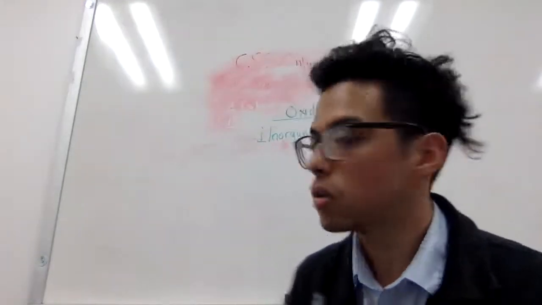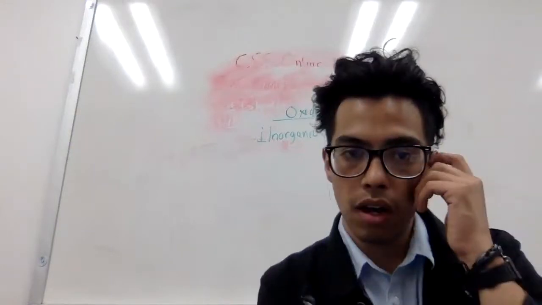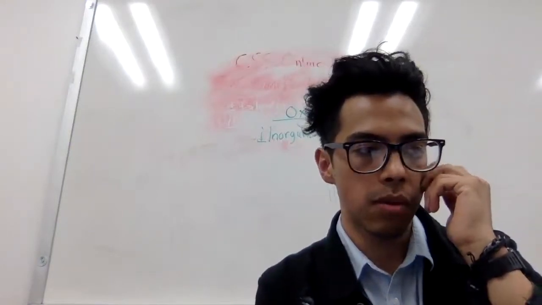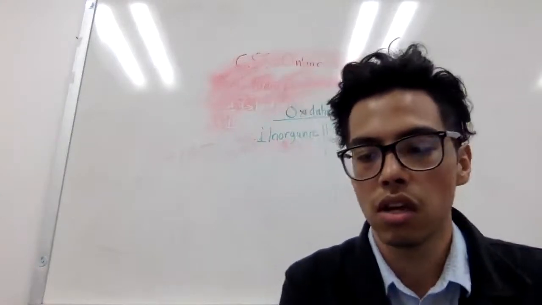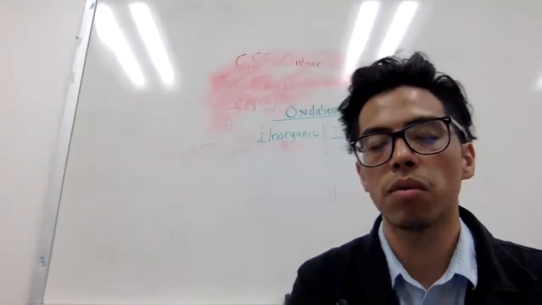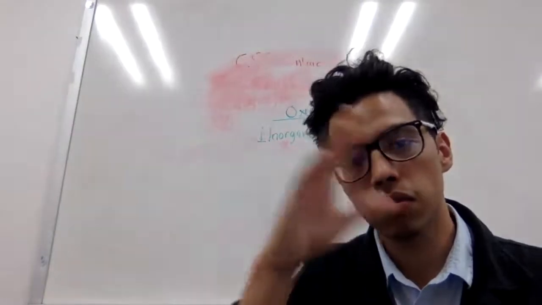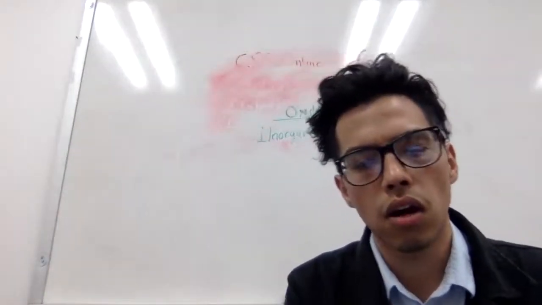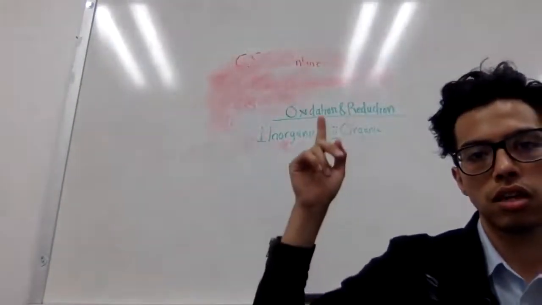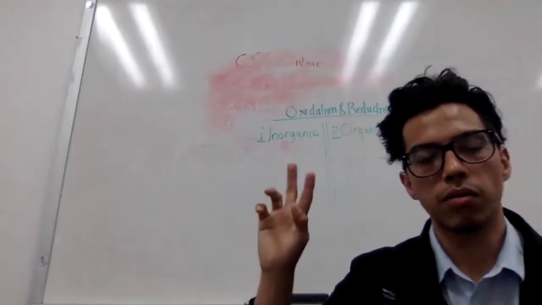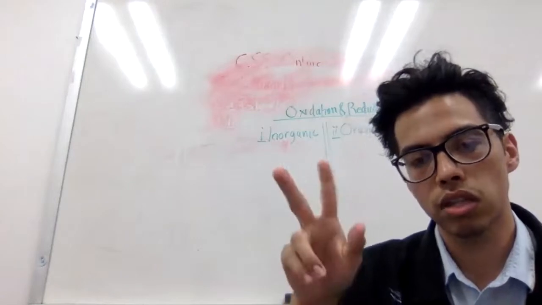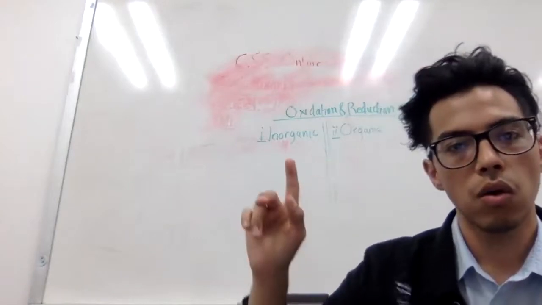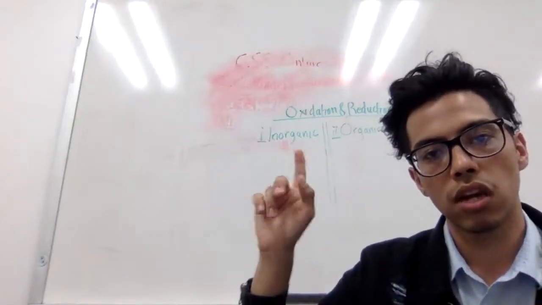All right. So we can start off. I realize that maybe we should talk about the kind of reactions we're going to deal with when it comes to cellular respiration. The more important ones, the type of reactions we're going to see a lot, are called oxidation and reduction. Now, when we're talking about oxidation and reduction, there's 2 senses of how it's done, where you'll see it. There's inorganic.